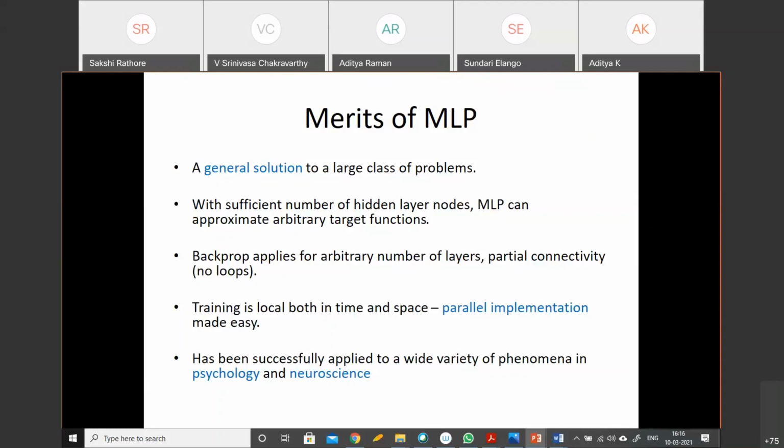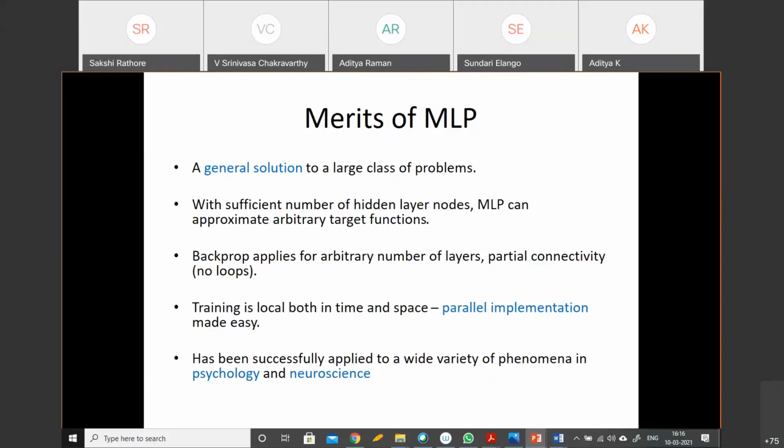Right, and also the algorithm is applicable to an arbitrary number of layers. You can even have partial connectivity. You can have inputs presented not only at the so-called input layer, but you can also present inputs at some hidden layers. So all sorts of architectures can be supported by the MLP, the backprop algorithm. The only condition is that there should not be any loops in the network, because each weight has a directionality.